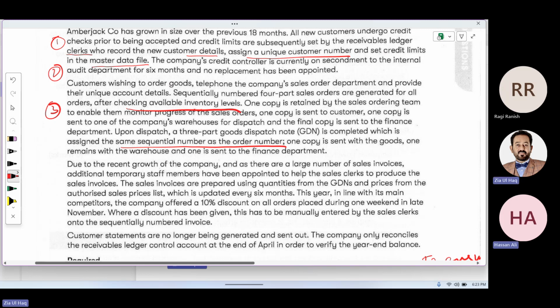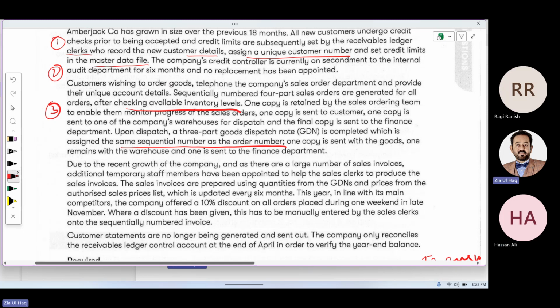Because sometimes GDNs could be more than orders, or orders could be more than GDNs. So every document must have its own sequential number rather than following the previous document.